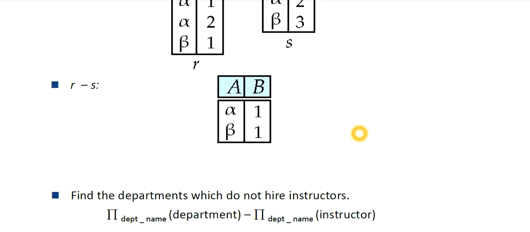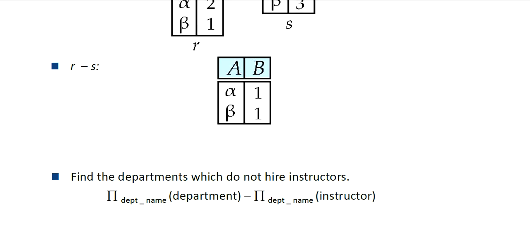So let's take a question. Find the departments which do not hire instructors. The answer will be: pi department name from department minus pi department name from instructor.